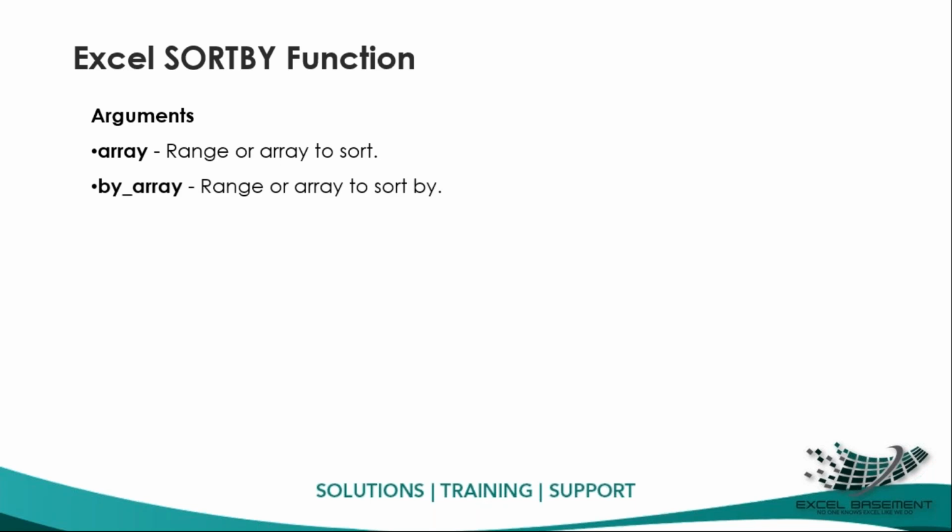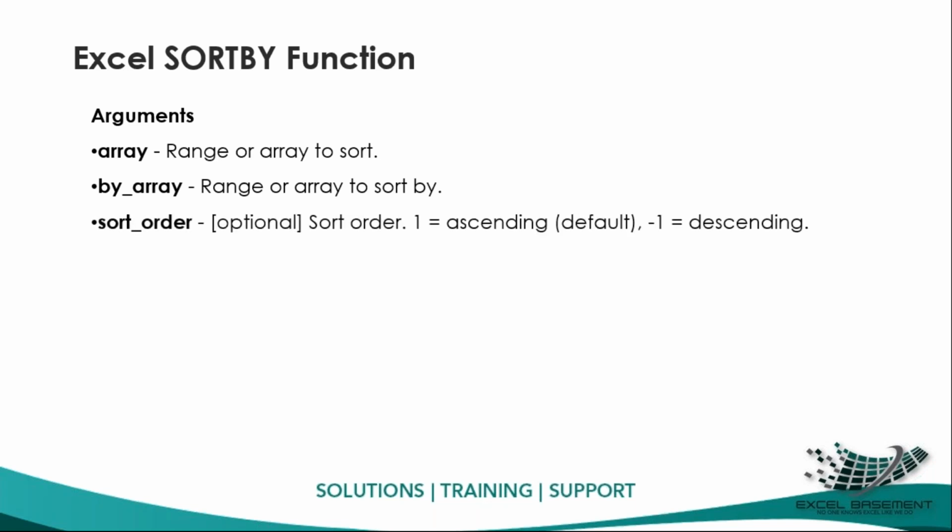By array means a range or array to sort by, which will be the base for sorting our data. Sort order, again, is optional, but if you want ascending, which is the default, you need to write 1, descending -1. Array on order is optional, additional array or sort order pairs.